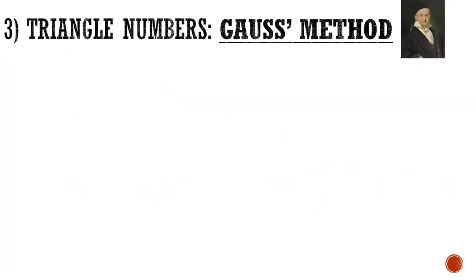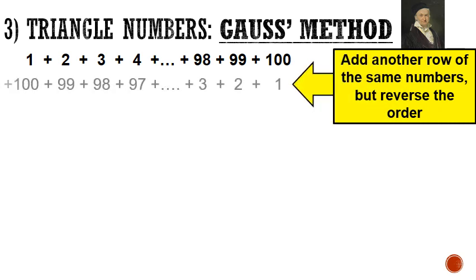So this is his method as he explained to the teacher. Since this is the question, he added another row of the same numbers but in reverse order. Similar to our first method, he paired them up: 1 plus 100, 2 plus 99, 3 plus 98, and so on.